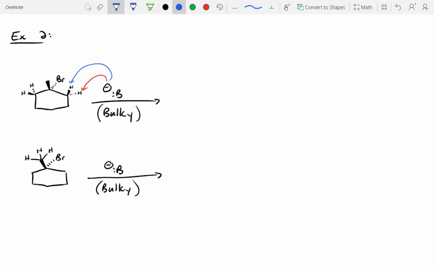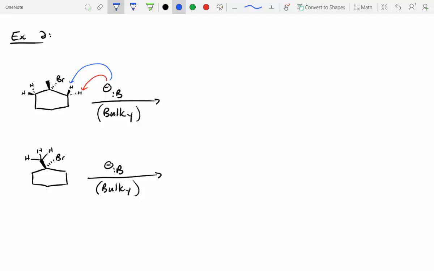Some disagreement. So remember, they have to be on opposite sides, right? The blue proton, or the one being pointed to with the blue arrow, is on the opposite side of that leaving group, so that would be the better pathway, right? You don't want your leaving group and that beta proton to be on the same side of your cyclohexane ring.